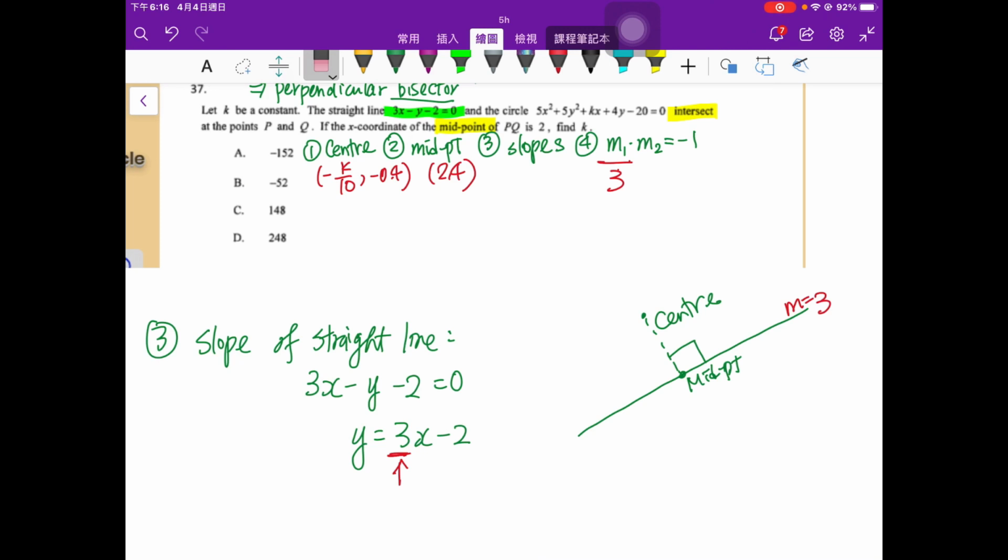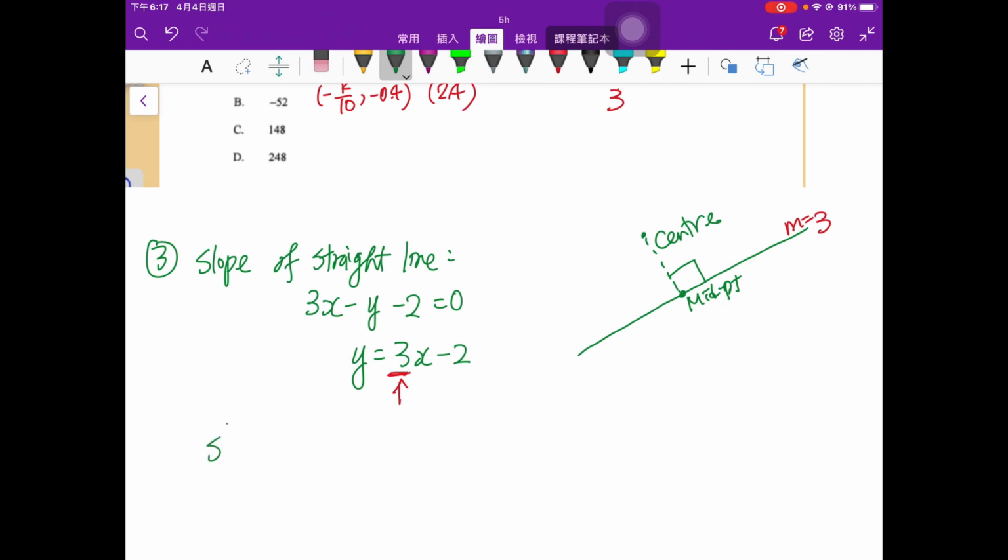The second slope is from the center to the midpoint. Center minus k over 10, minus 0.4. Midpoint 2, 4. We have two coordinates, so we can use the slope formula, y1 minus y2 over x1 minus x2.